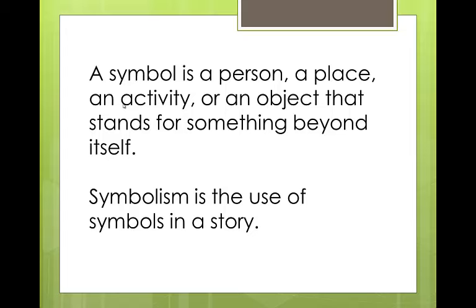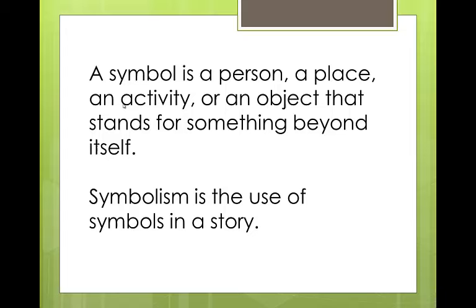Symbolism is just the use of symbols in a story. Now, these examples are, quite frankly, pretty obvious. We know what they are, we know what they represent. Symbolism, as I'm sure you know from past experiences in English classes or reading Spark Notes about a book or anything like that, in literature is going to be a little bit more complex.